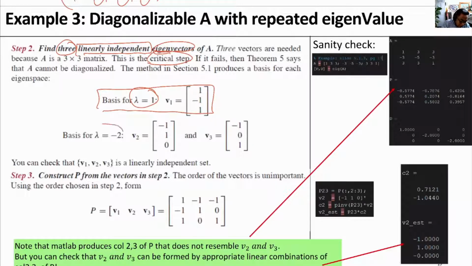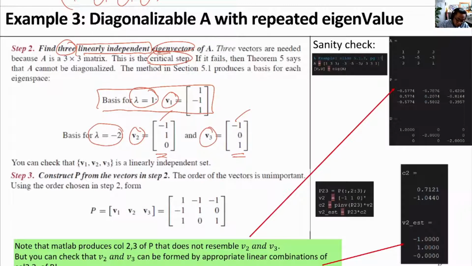What about for lambda equals minus 2? You'll realize that there are 2 free variables, and we can find 2 eigenvectors that are independent. When this happens, we can count 1 eigenvector, 2 eigenvectors, 3 eigenvectors that are independent.